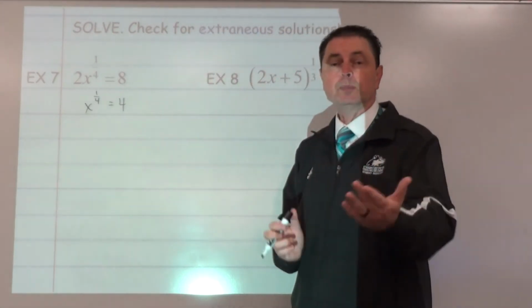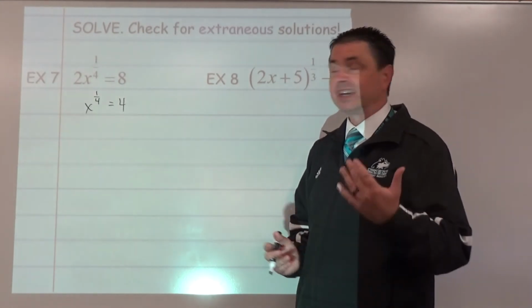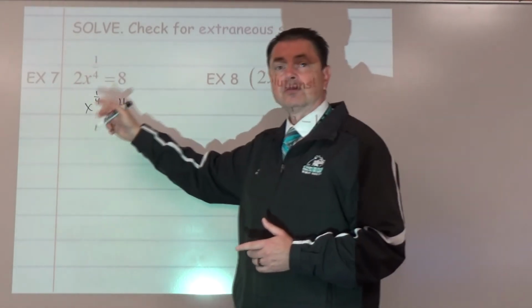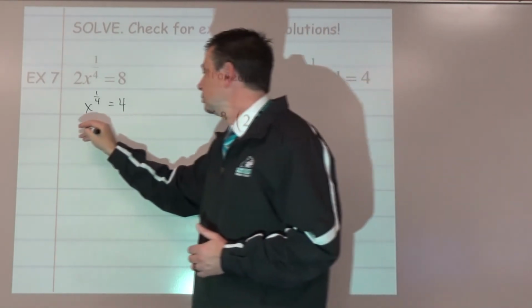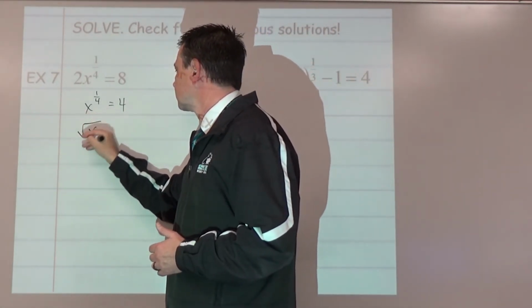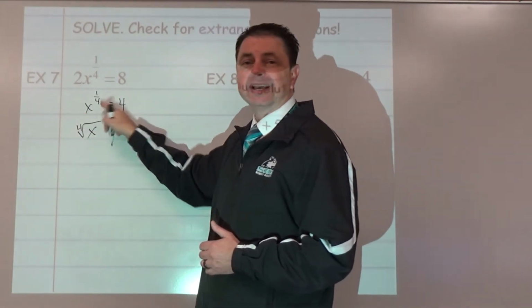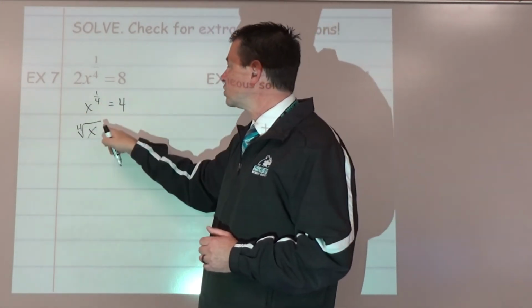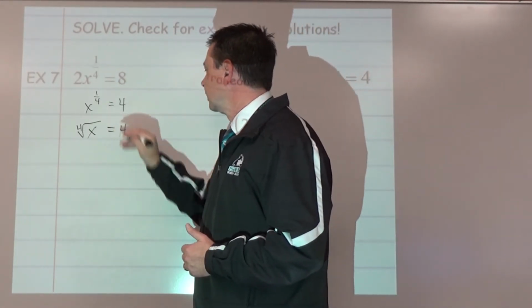And then the two possible ways that we can go would be this. We could rewrite this from exponent notation into radical notation, make it a root. It's the 4th root based on the denominator, and it's to the 1st power. I don't need to write that 1st power there.